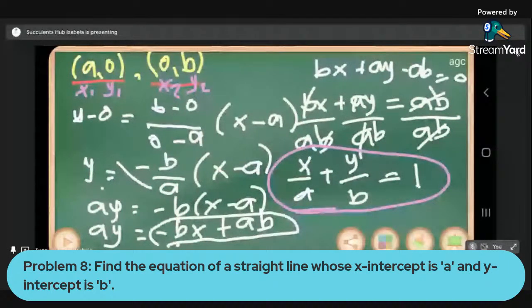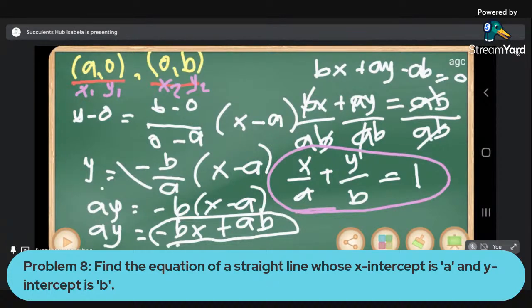Okay? The intercept form given two intercepts is x over a plus y over b is equal to 1, provided that a and b are not equal to 0. Okay?